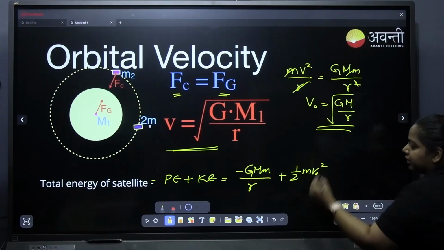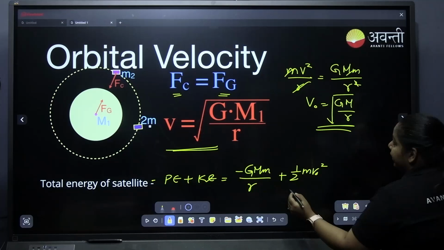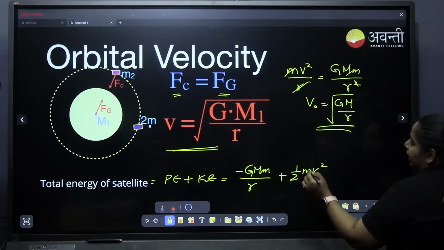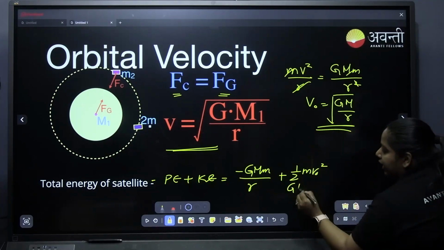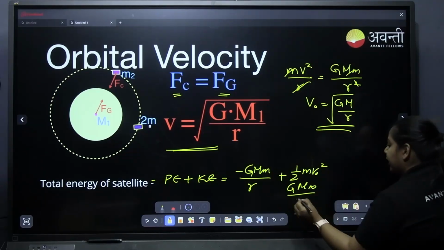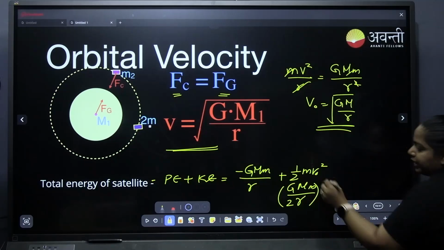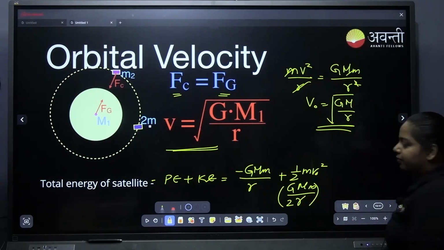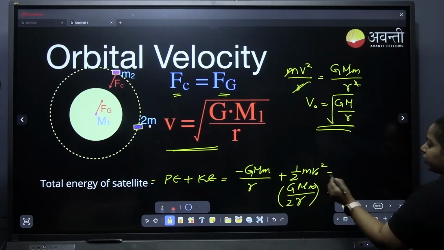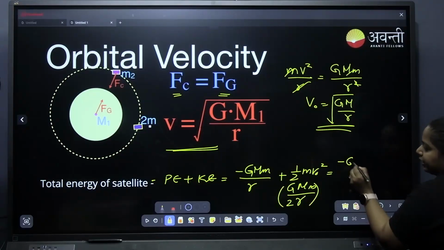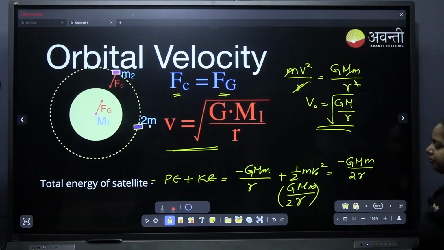If you substitute, what is the value of kinetic energy? GMm by 2R you will get. I am substituting v orbital here. Now the total energy will be equal to minus GMm by 2R.